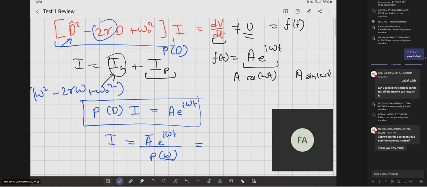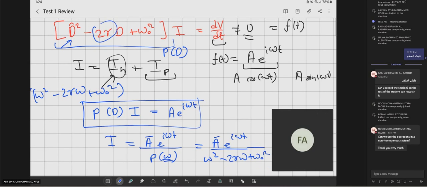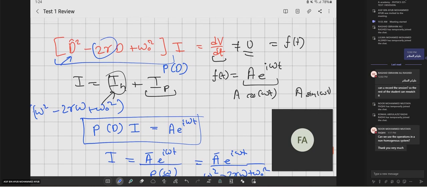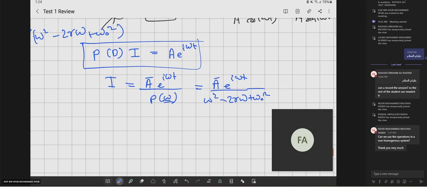You'll have A e raised to i omega t over omega squared minus 2 gamma omega plus omega naught squared. So this will be a solution, and from this, using properties of complex numbers, you can get an amplitude part and a phase part, which you can discuss later if you want.